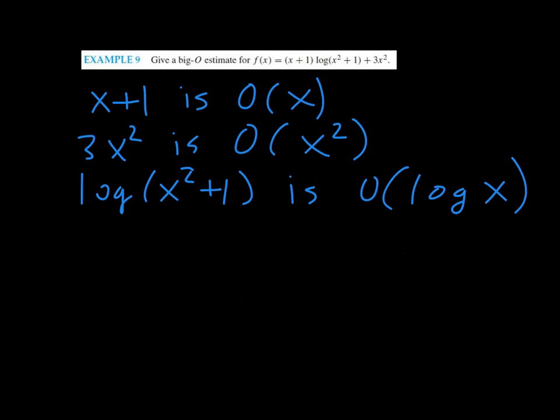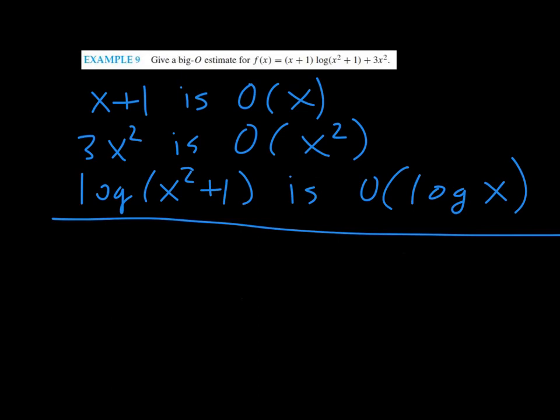So here's putting everything together, or at least summing everything up. x plus 1 is big O of x, 3x squared is big O of x squared, and log of x squared plus 1 is big O of log of x. So then we use those two theorems from before to put all of this together to finally give the big O estimate for the entire function.